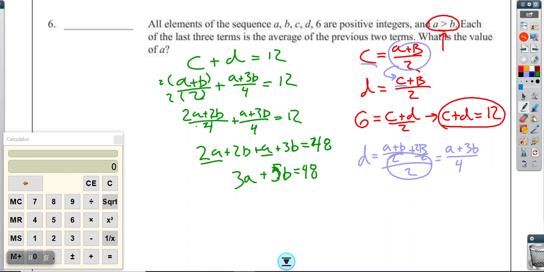So 48 divided by 3 would give us 16. So again, 16 times 3 is 48. That means I would have to have 0 B's. And right away I know this is not going to be right, because I know that C is the average of A plus B. We can throw that one out right away.